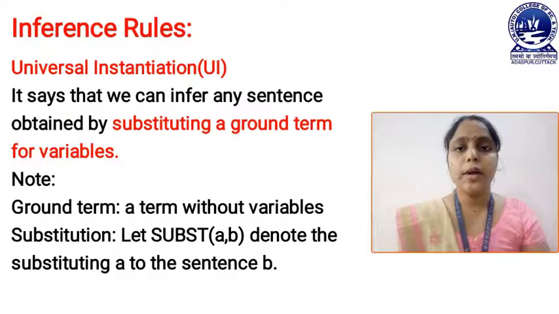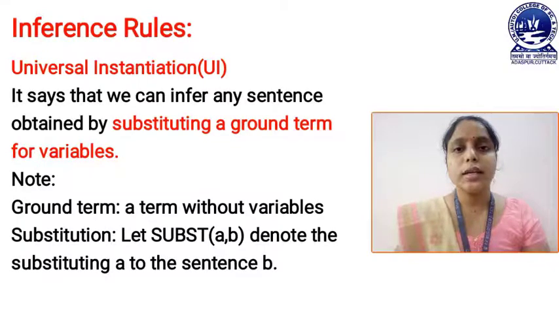Next, inference rules. In inference rules, first of all I would like to discuss universal instantiation, that is UI. Universal instantiation says that we can infer any sentence obtained by substituting a ground term for variables.